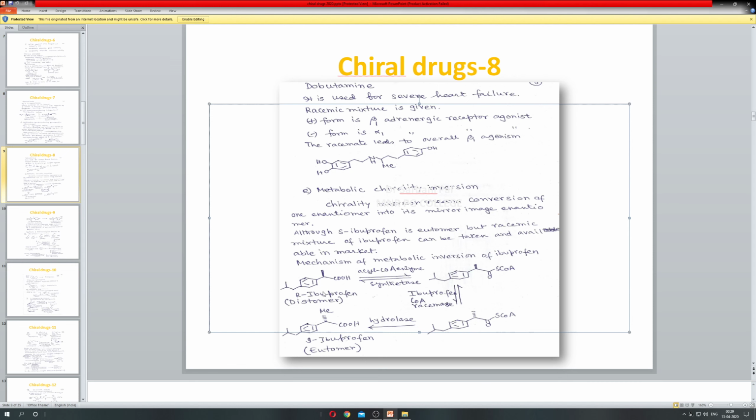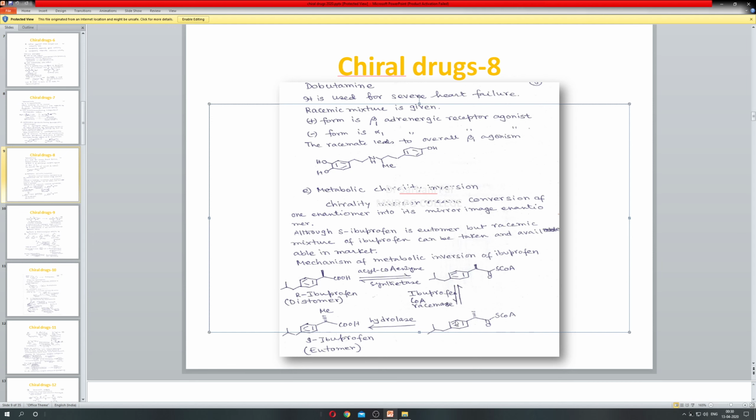Now this R ibuprofen has this functional group. This functional group will be converted into its ester by using acyl coenzyme A synthetase. Now see here, inversion has happened. That is ibuprofen coenzyme A racemase.